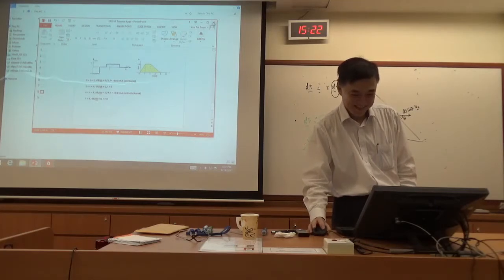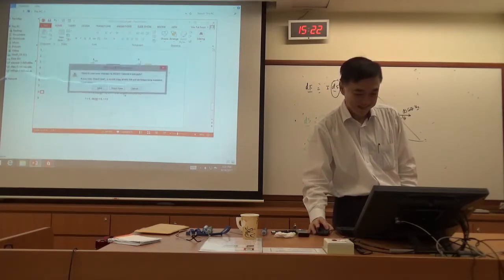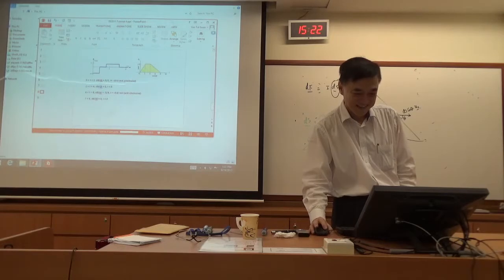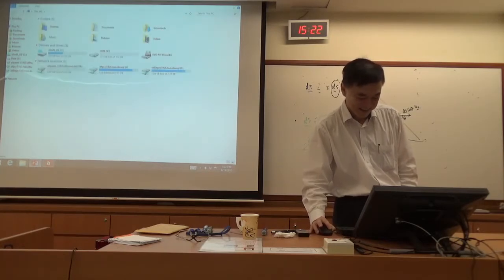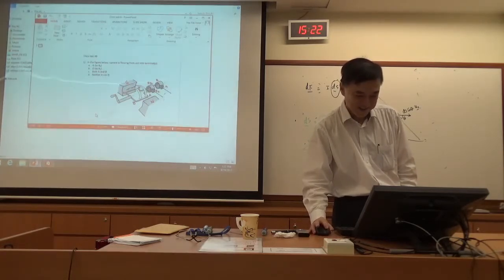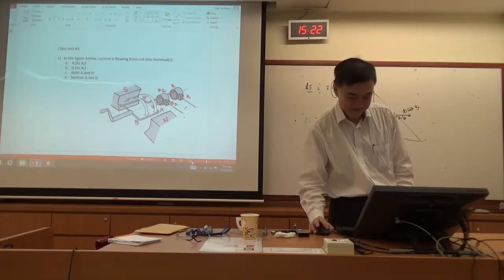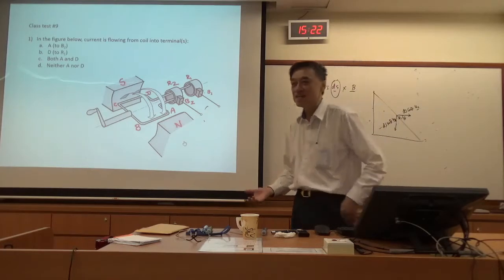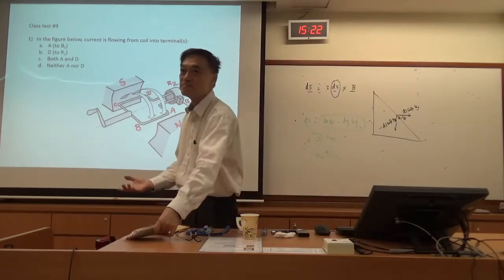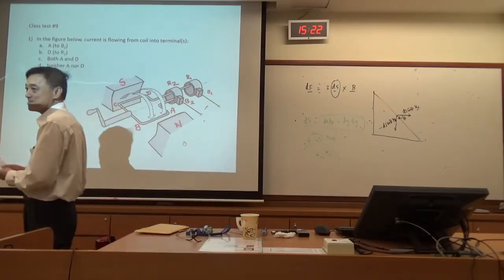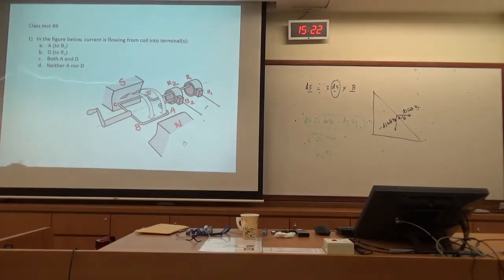So pressure is on. No, it's not. Another simple class test, and that's it. As the last class test, everybody got 100 marks. So this one, I expect everybody to get 100 marks.